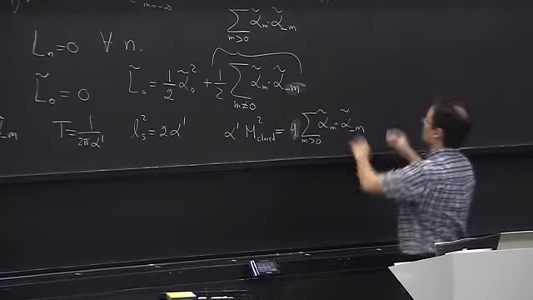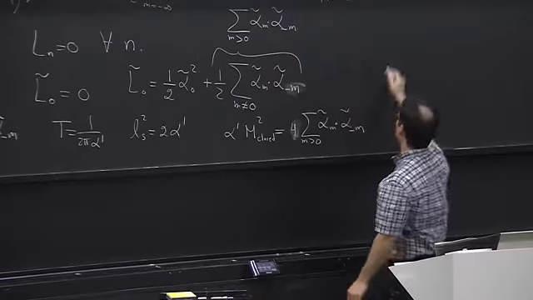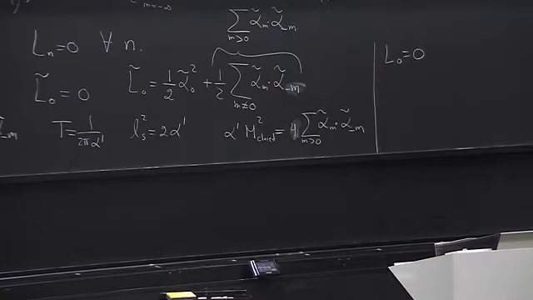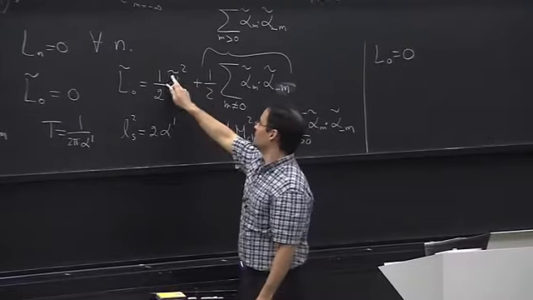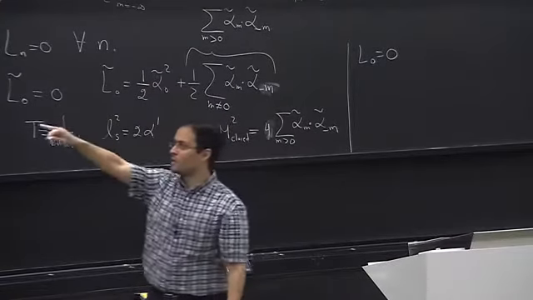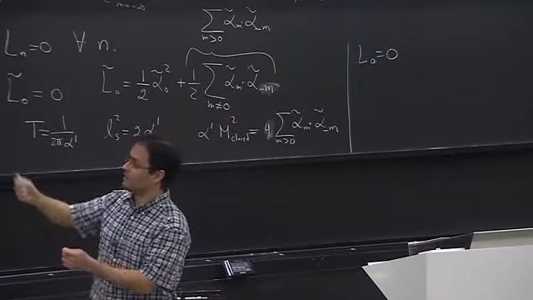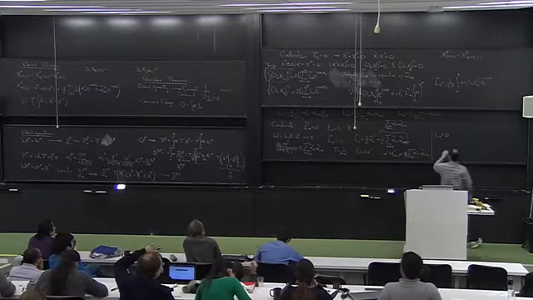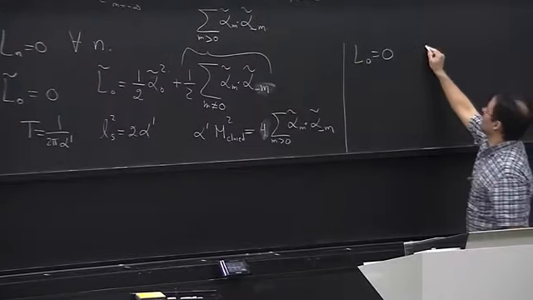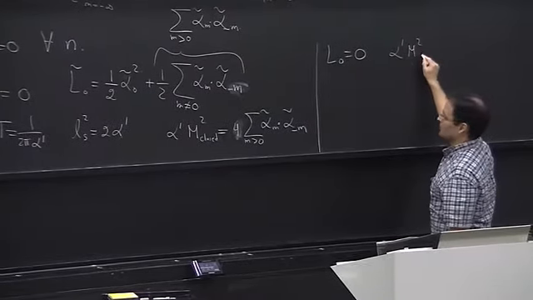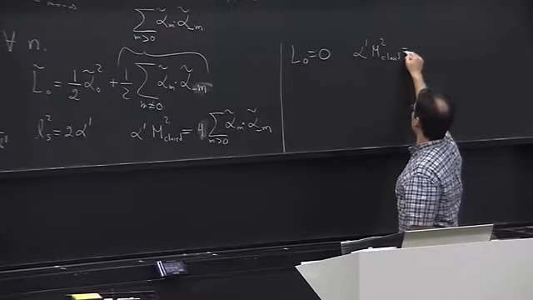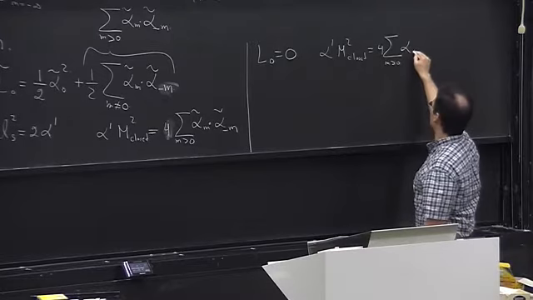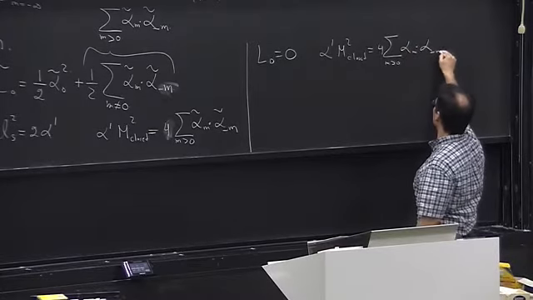Now, of course, we should have gotten exactly the same thing if we had done the L0. And remember, here I put a tilde, but we knew from the boundary conditions and the periodicity that the two alpha zeros had to be the same, the alpha tilde 0 and the alpha 0. So we would get from that formula something exactly the same, but now for the oscillators without tilde.